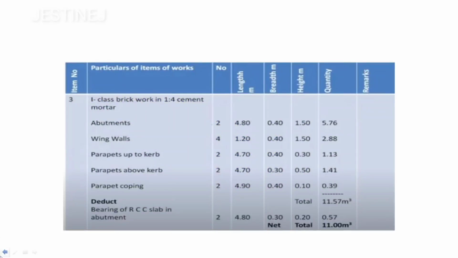So the first 2 things, that is the first class brick: 2 numbers of abutments, total length is going to be 4.8, then breadth 0.4, then height 1.5. The same is repeated for the wing walls, total numbers 4, then 1.2 length, then breadth 0.4, then height 1.5, you will get these values.